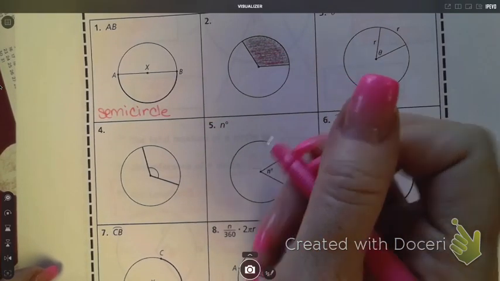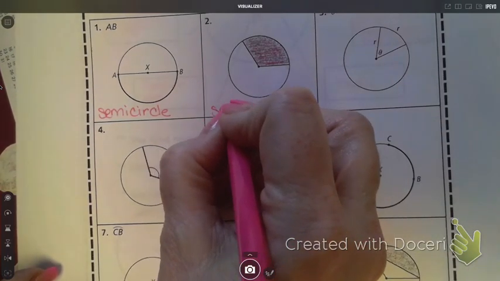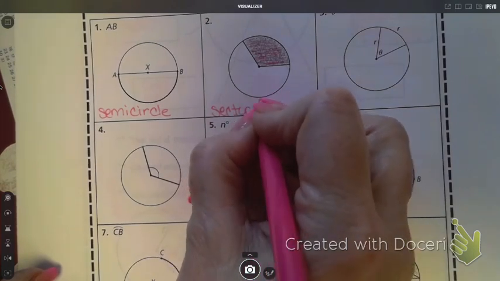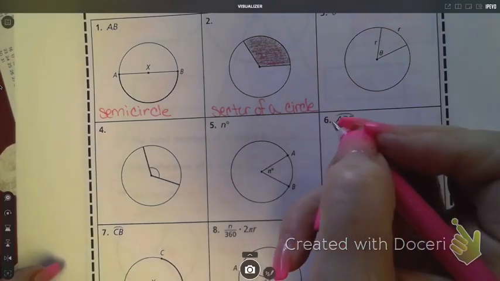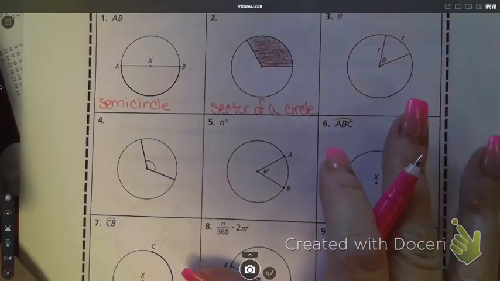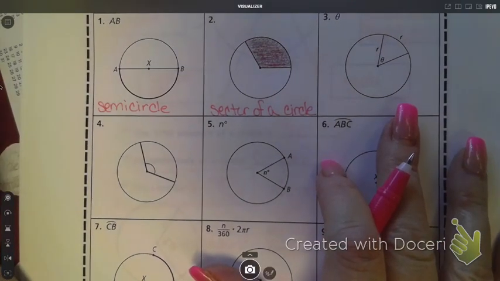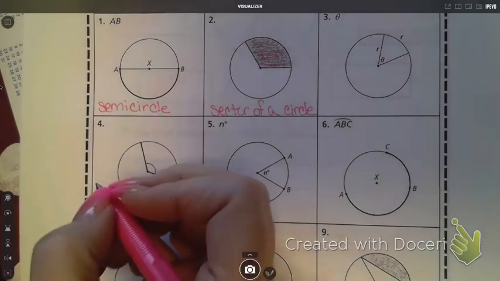Yes. It is a sector of a circle. Because that might change other things, right? We're going to skip 3. Okay, what do you think 4 is? Central angle.